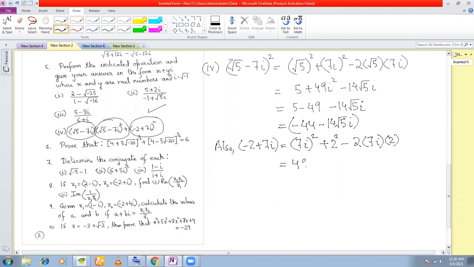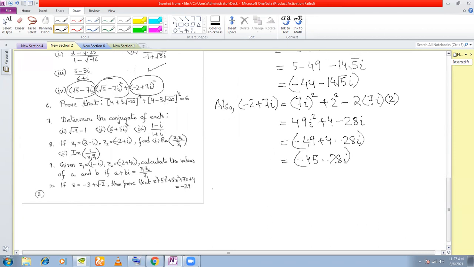So here you get 49i square plus 4 minus 28i. 49i square is minus 49 plus 4 minus 28i. Right? So what do you get here? You get here minus 45 minus 28i. Okay, we have found out the values of these two.